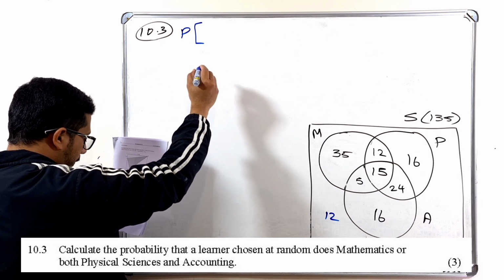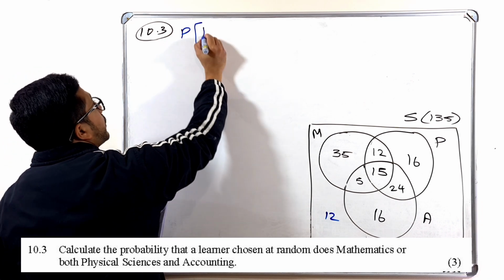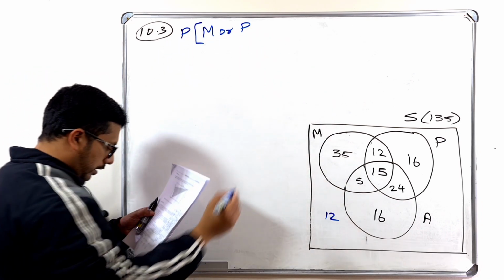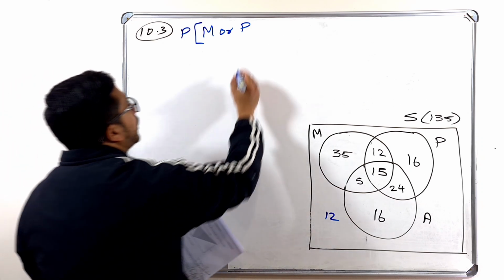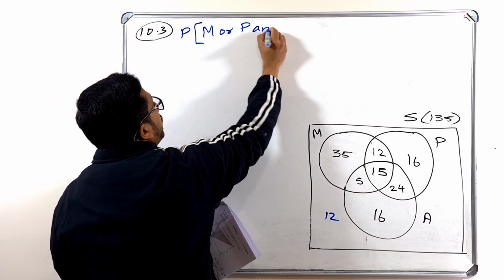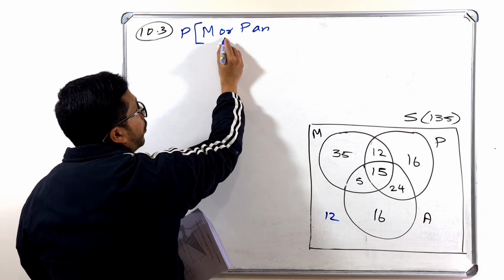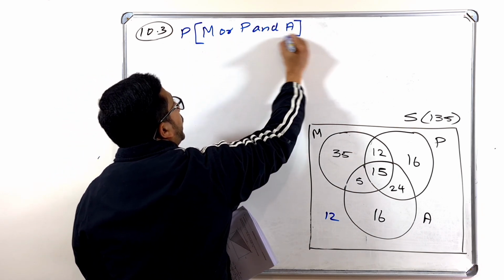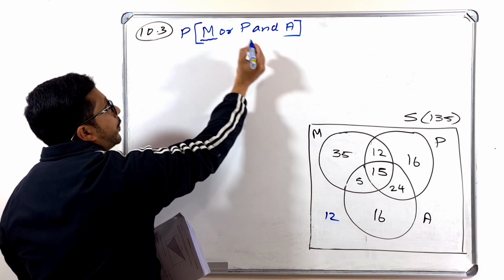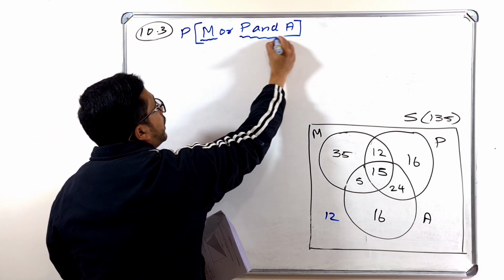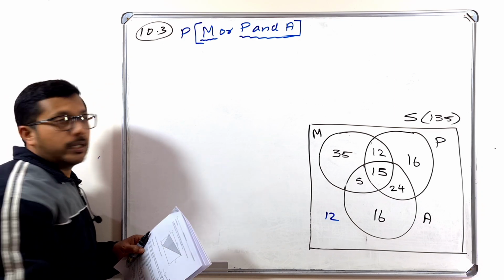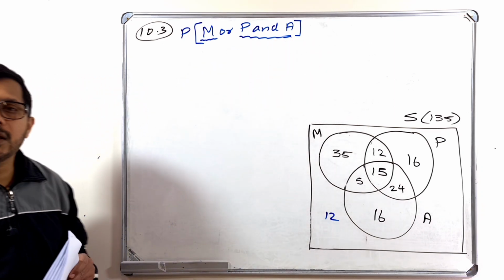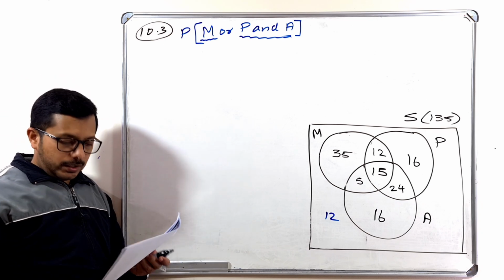Does mathematics or physical science and accounting. So you have to find the probability of mathematics or physical science and accounting.